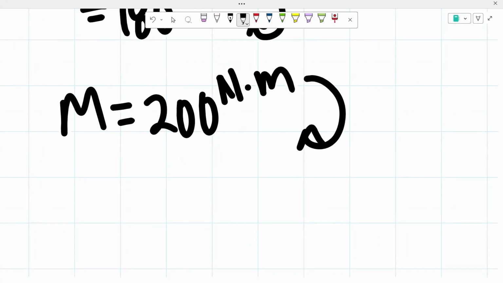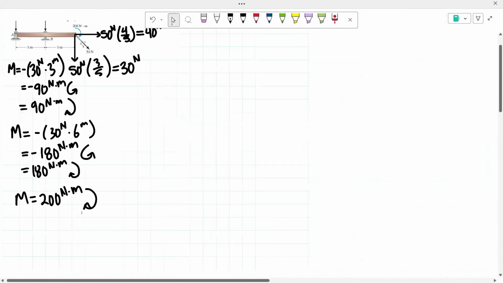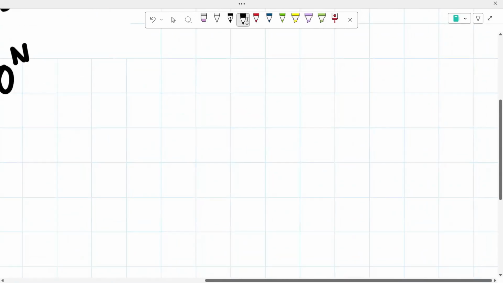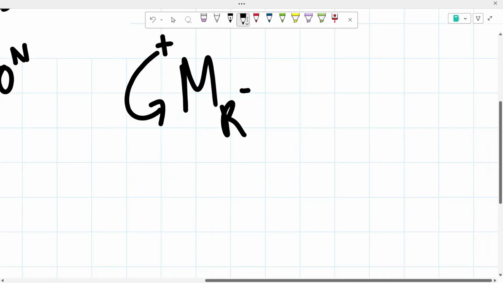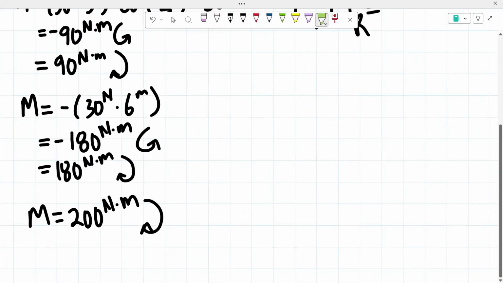So from there, all we have to do is sum all of our moments to get our equivalent resultant moment. So remember our sign convention? Counterclockwise is positive. Our resultant moment is equal to all of the moments that we found, which, as you can see, go clockwise, meaning they're all going to be negative.